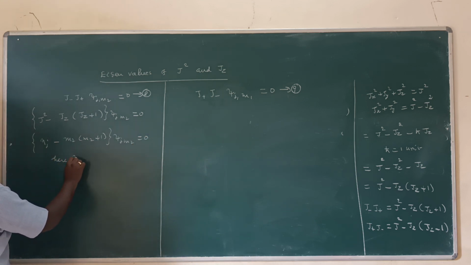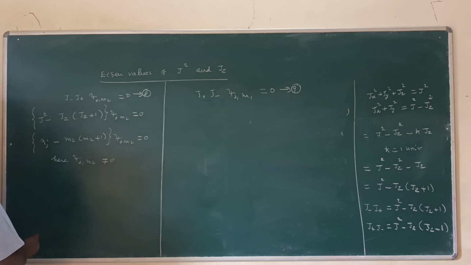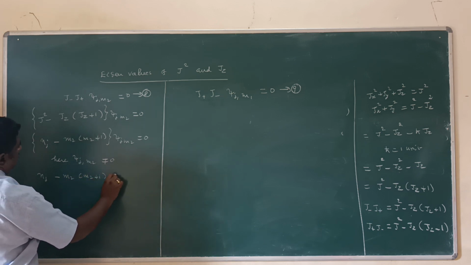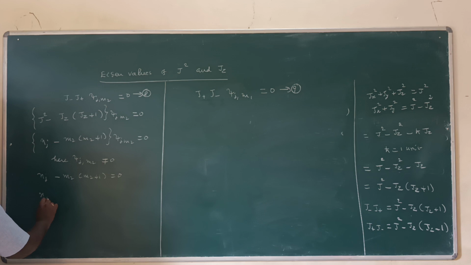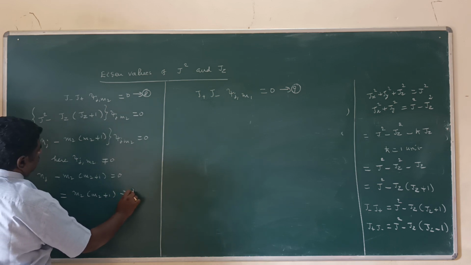Here ψ(j,m2) is not equal to 0. Therefore, η_j − m2(m2 + 1) = 0. Then η_j = m2(m2 + 1). This is equation number 10.